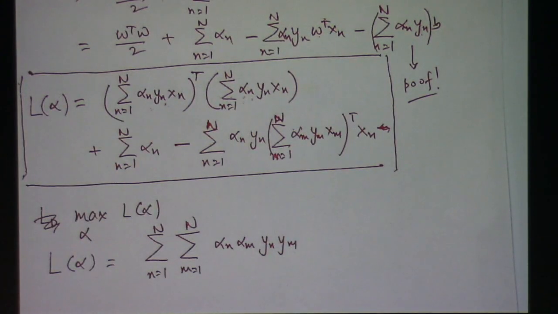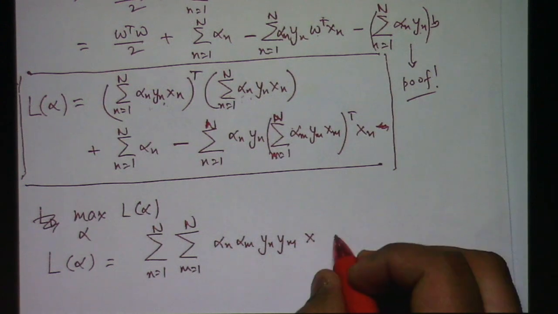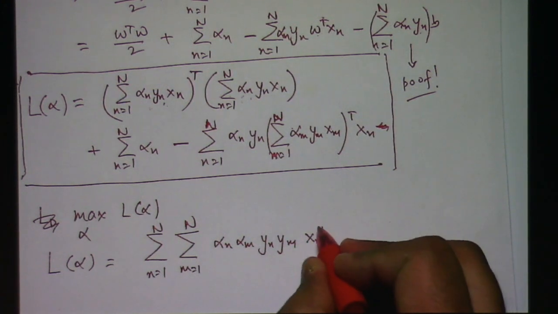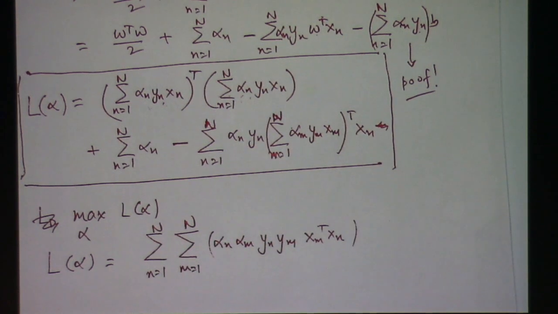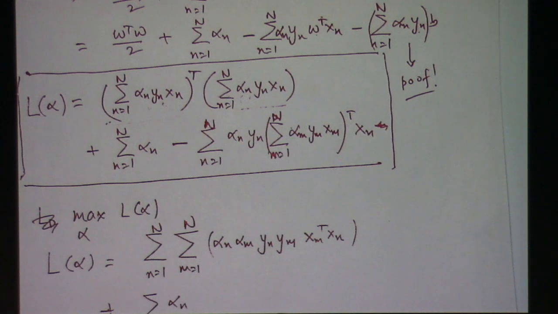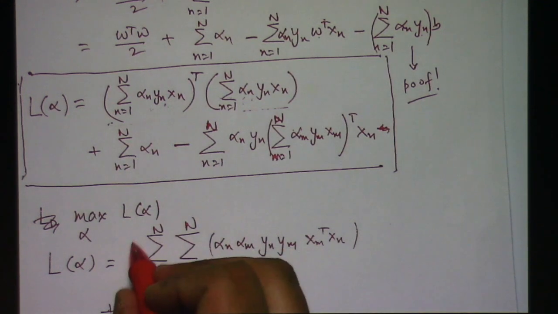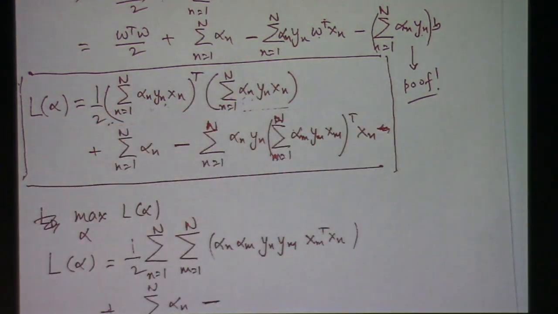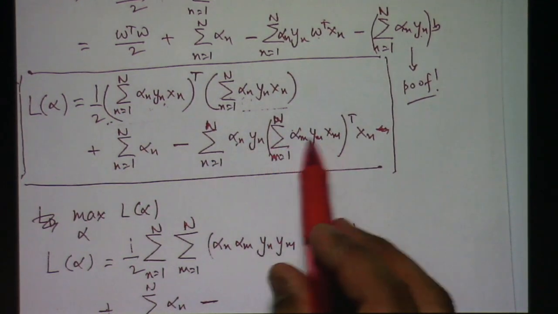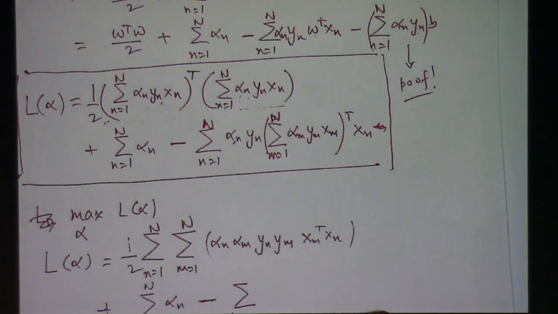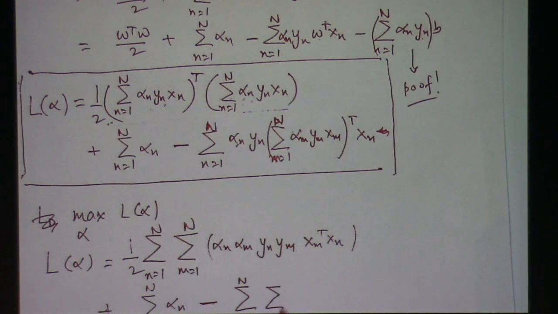When you multiply them together, this is how it will look. This part stays, of course, minus, but there was a half here too, half minus, and this thing also, if you open it up, looks the same: sum over n from 1 to n, m from 1 to n, alpha n alpha m y n y m x m transpose x n.